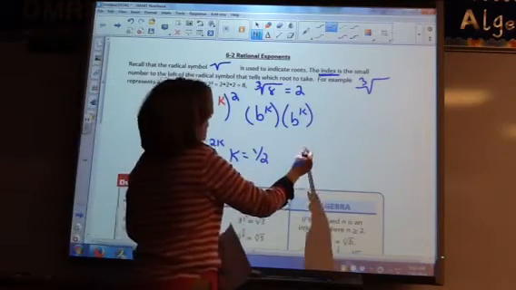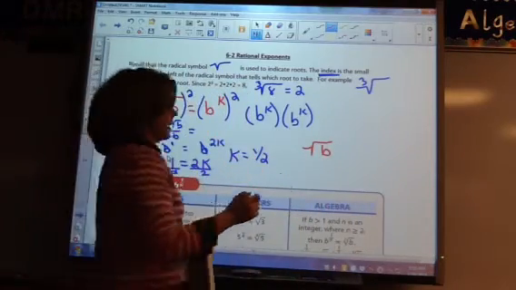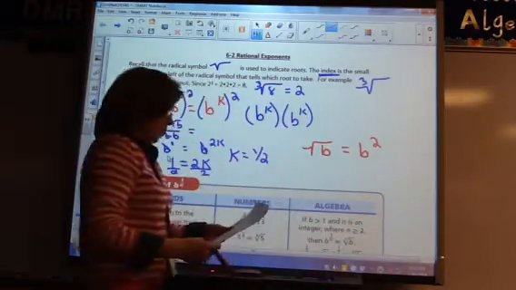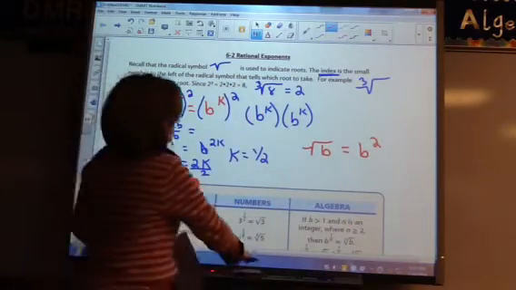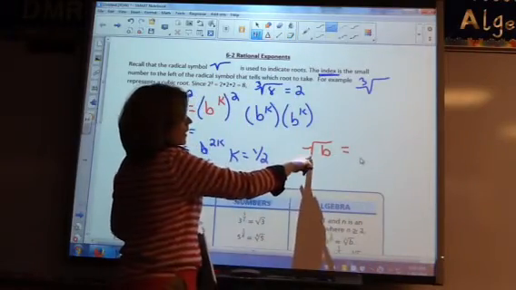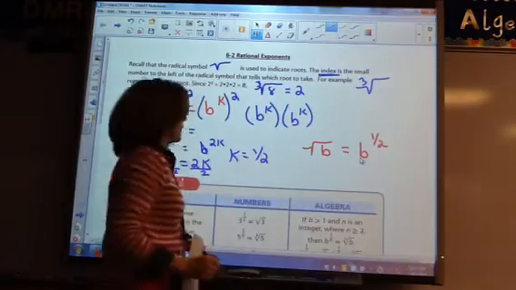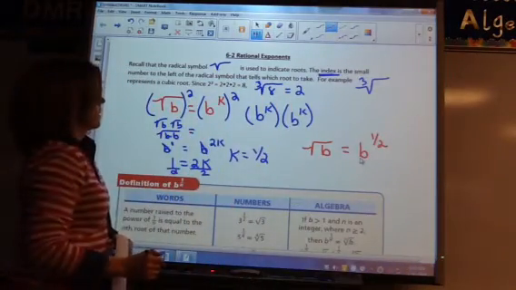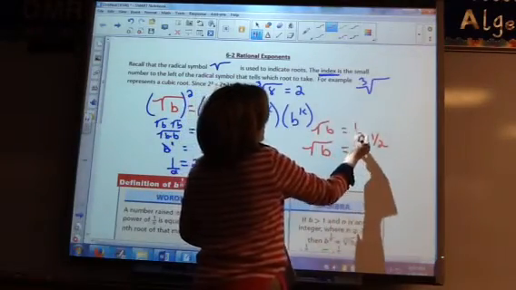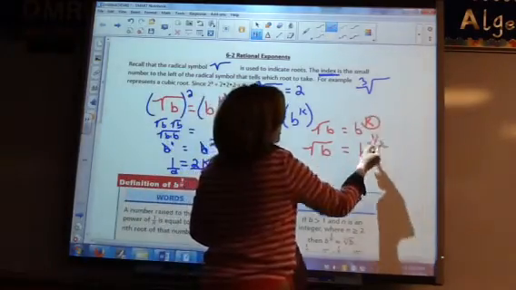If I have the square root of b, what does this equal? It equals b to the 1/2, because we started out with the square root of b equal to b to the k, right? So k is 1/2.